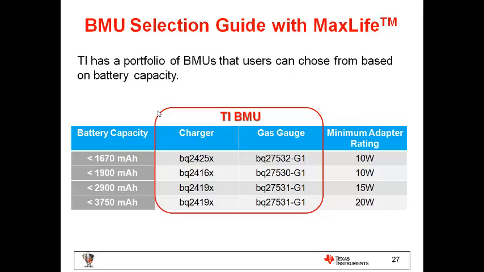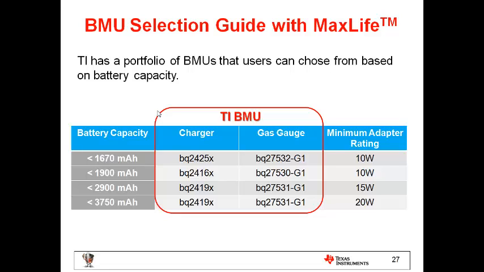So for battery capacities less than 1670 milliamp hours, we have the BQ24250 family of chargers that could be used with the BQ27532 G1 gas gauges. And this will require a 10-watt adapter, so you can make use of MaxLife.